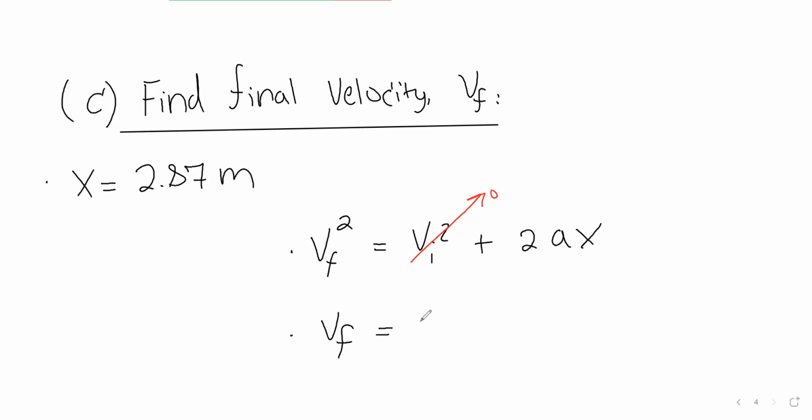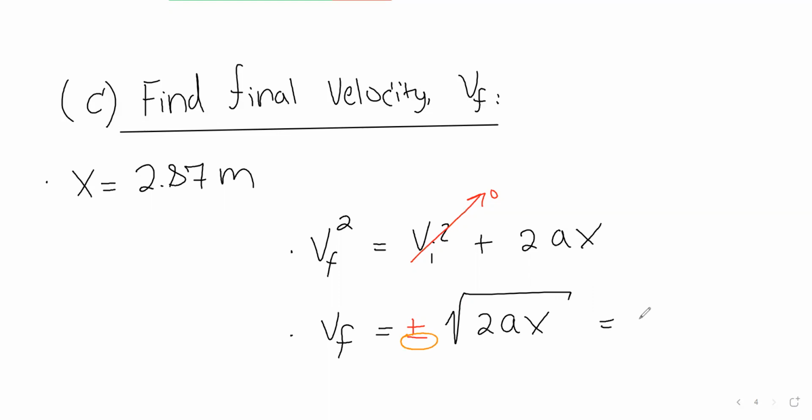If I square root both sides, I obtain this expression. Now, whenever you square root both sides, technically you tack on a little plus or minus. Because remember, the block actually moves to the left. So we're going to use the negative in this case.